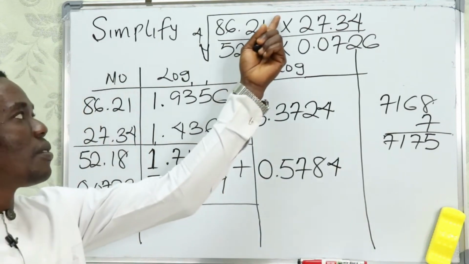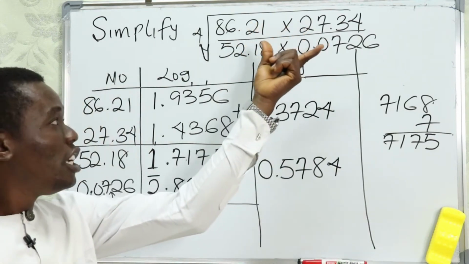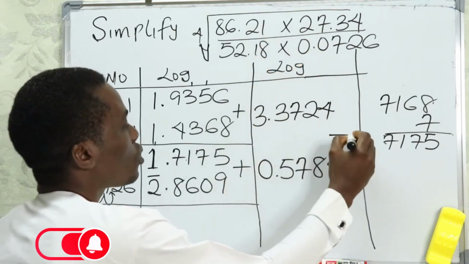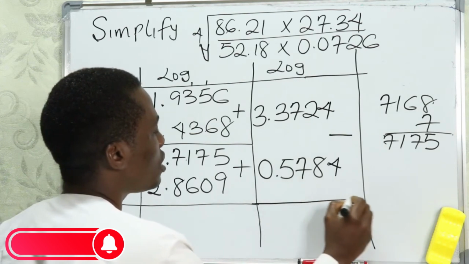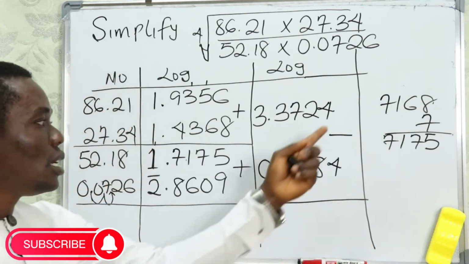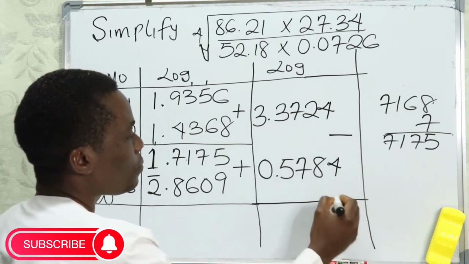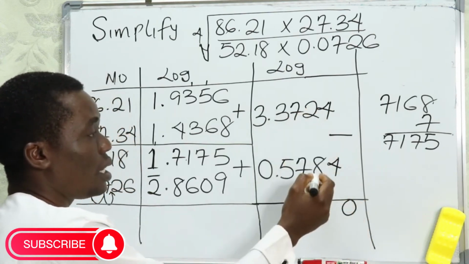Now since this is a fraction and the upper value is dividing the lower value, in this regard we subtract these two. So when we subtract these two, what are we going to get? 4 minus 4 will give us 0. 2 minus 8 is not possible.